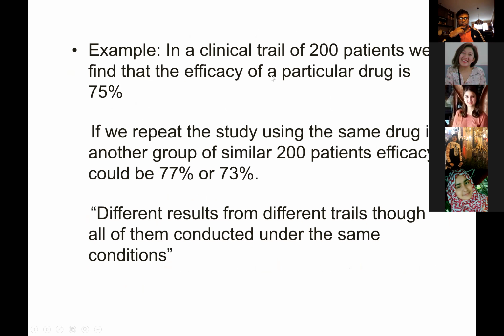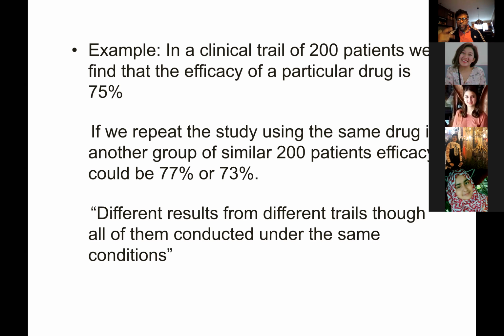In a clinical trial of 200 patients, if someone randomly selected 200 people and found an efficacy of 75% for a drug, this is a study someone did. With the same population, if a second investigator conducts another sampling, picks another 200 patients and conducts the same drug trial, everything the same, it is possible to get an efficacy level of 77% or 73%, right?